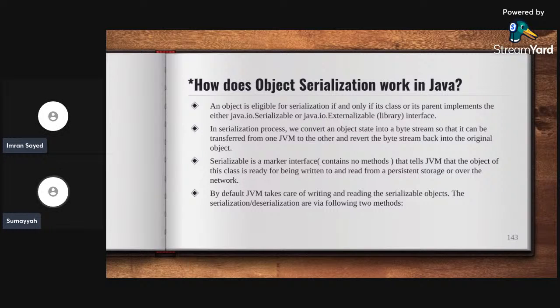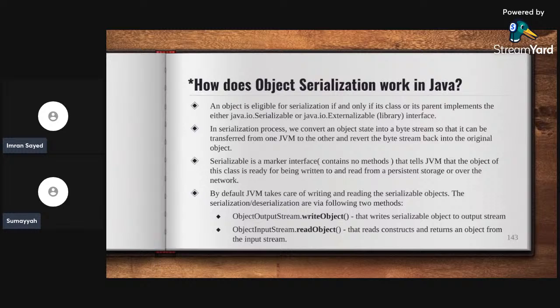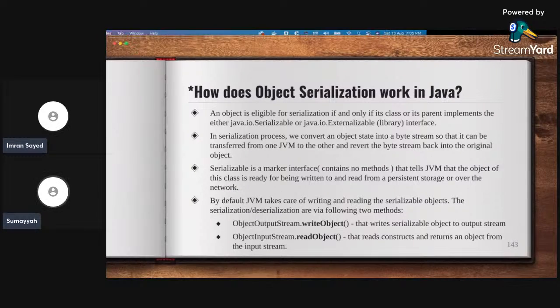By default, the JVM takes care of writing and reading the serializable objects. Serialization and deserialization are done via the following two methods. ObjectOutputStream.writeObject writes a serializable object to the output stream. ObjectInputStream.readObject reads, constructs and returns an object from the input stream. Okay.